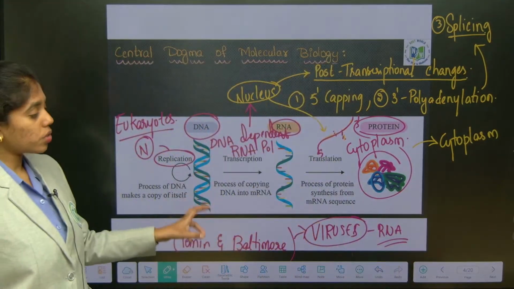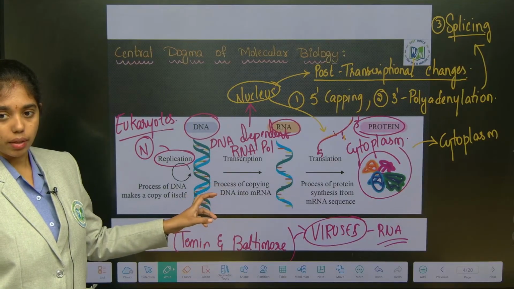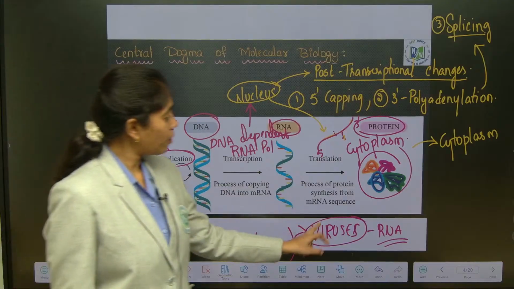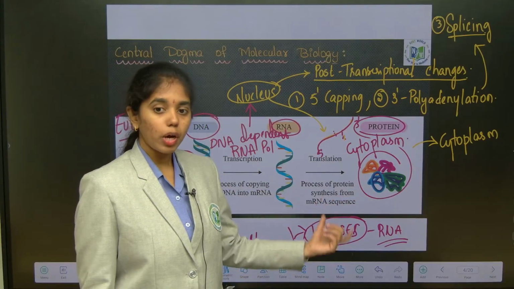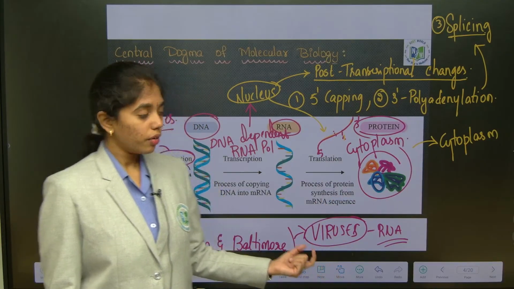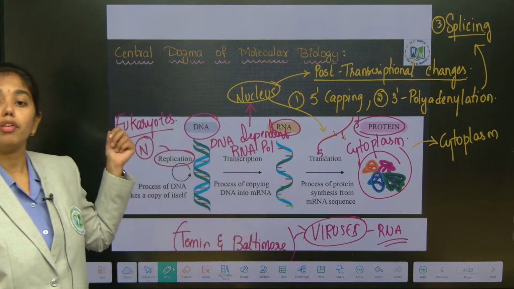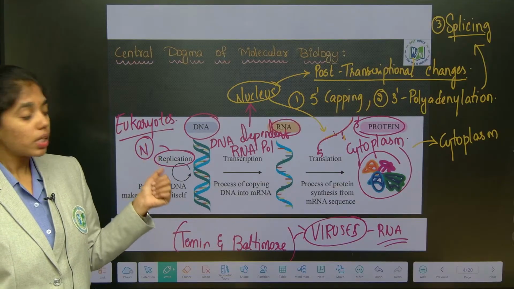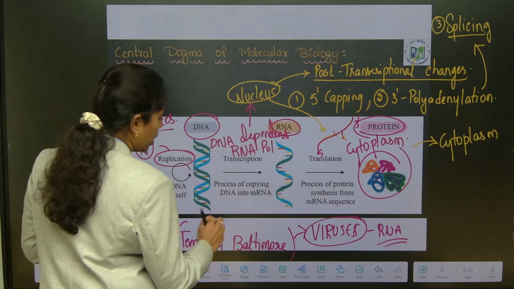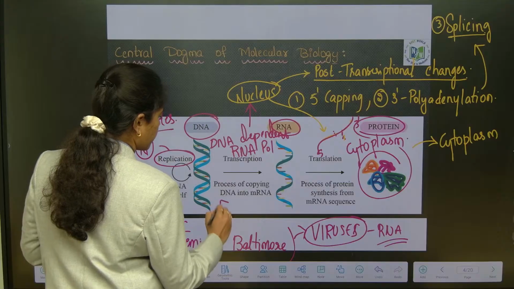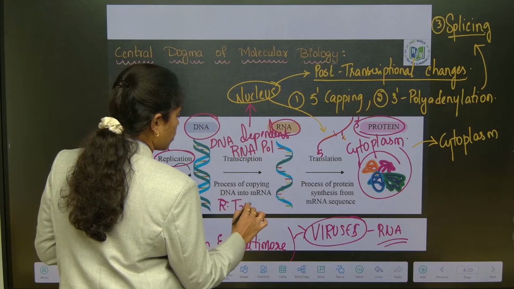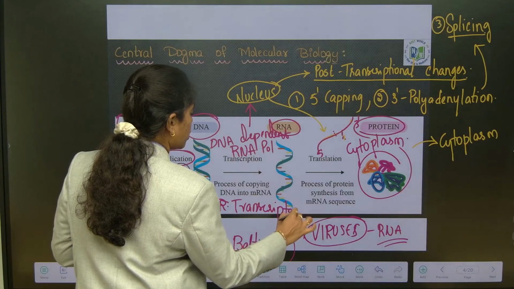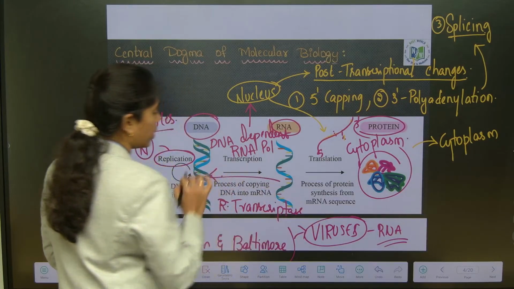In those viruses which have RNA as the main genetic material, they analyzed reverse transcription, because RNA will not directly synthesize proteins, because RNA is unstable. First it has to convert to a stable form, that is DNA. This is reverse transcription, by the enzyme reverse transcriptase, from RNA to DNA.